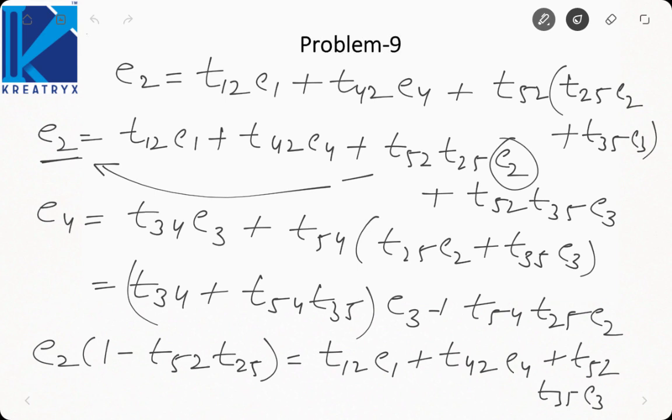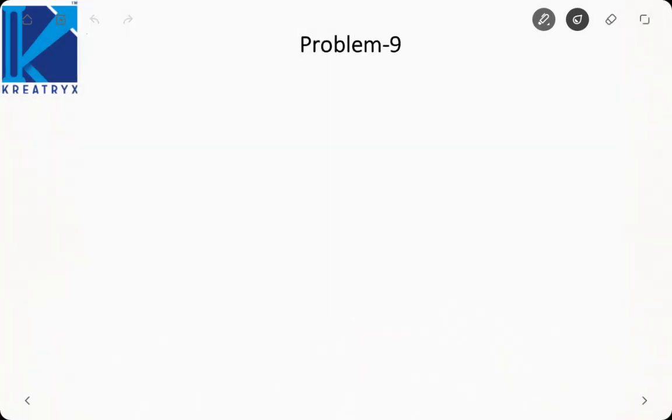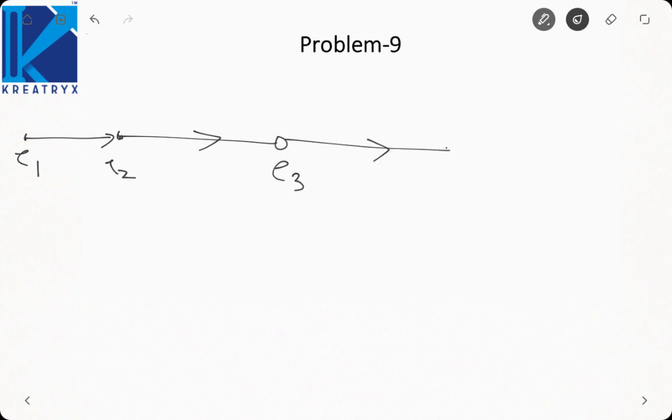So now if we want to draw the signal flow graph, here E1 would be coming, this node would be E2. Okay, this is my E2, and here we have another node E3, here we have another node E4, here we have another node E6.